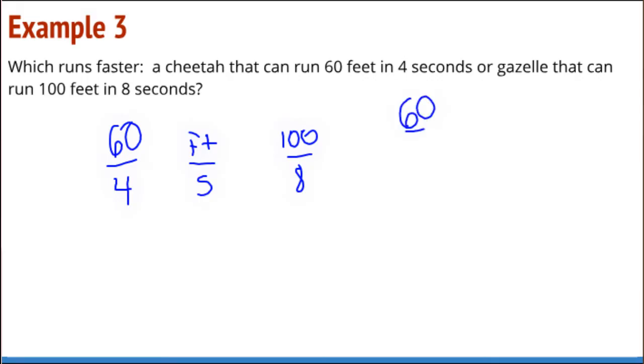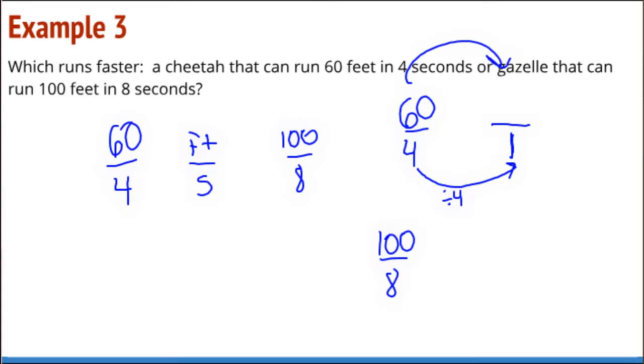So I'm going to have 60 over 4, and I've got 100 over 8, and I want to scale down to a 1, which means that I will have to divide by 4, because I divide both of these by the same. So if I want the 1 second rate here, I have to divide it by 4. And 60 divided by 4 is 15.